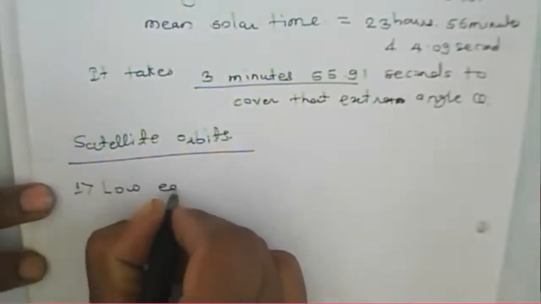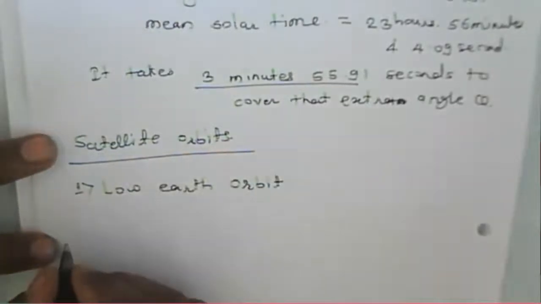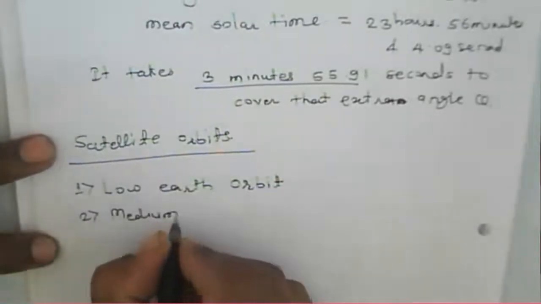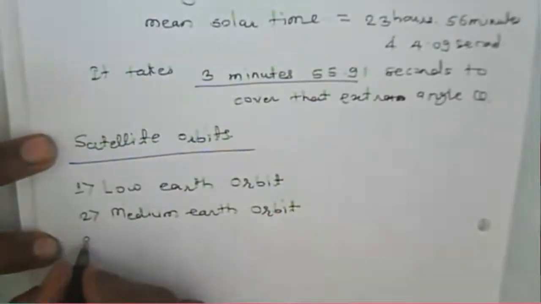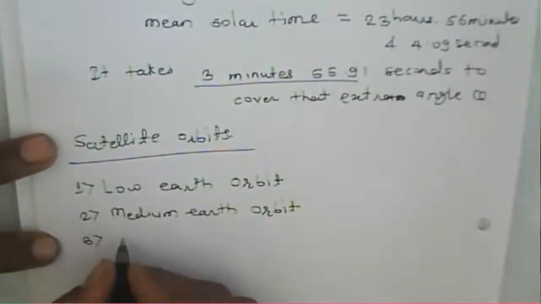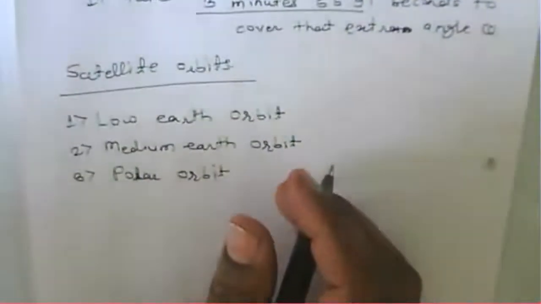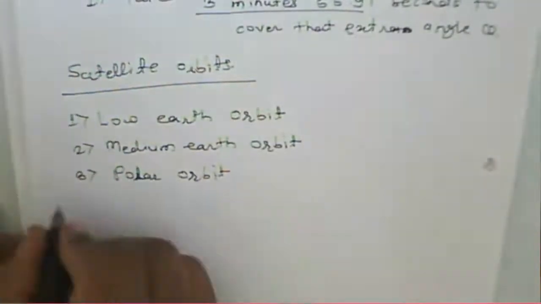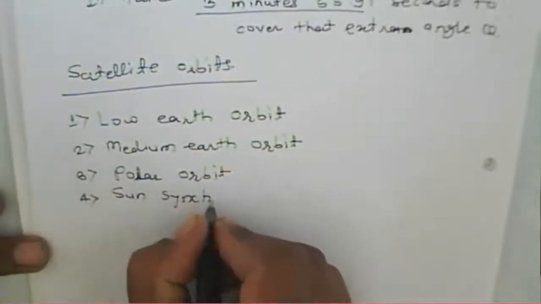Low Earth orbit. Then medium Earth orbit. Then polar orbit. That means it is about a polar system.